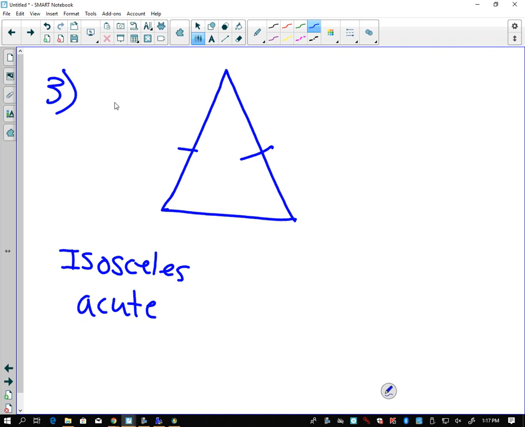So just real quick, we should be able to see this and see isosceles acute, but what other types of options could exist for classifying a triangle by its sides? If we're just talking about side classification, we have isosceles. What else do we have? Scalene. What does it mean for a triangle to be scalene?